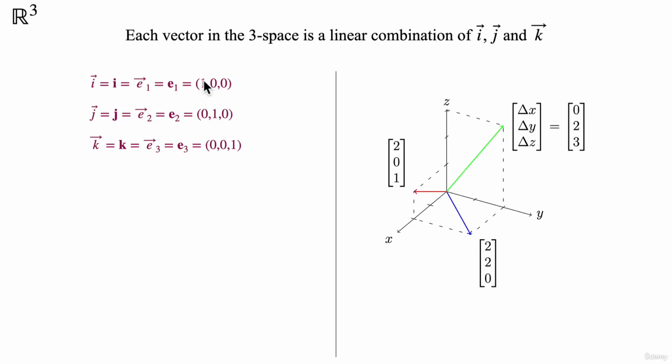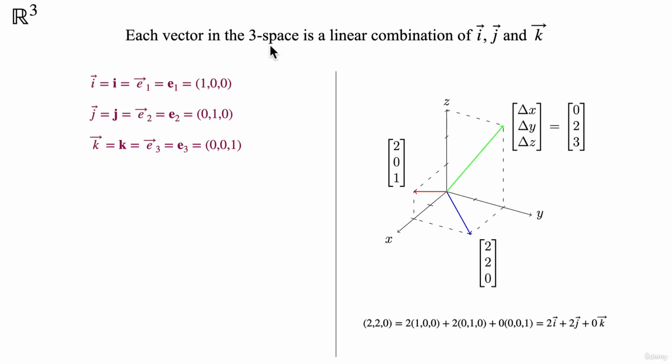So you see, all those unit vectors in the direction of the axes have just one coordinate equal to 1, and the rest are zeros. And 1 is always standing on the place corresponding to the coordinate axis along which this vector is running, the direction it is showing.